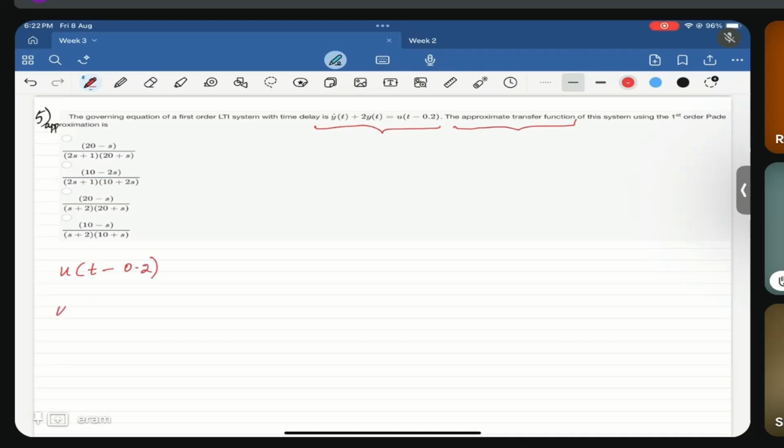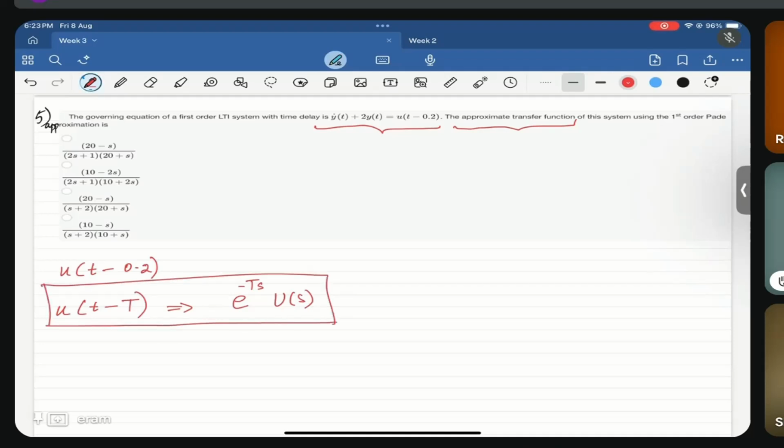So for such functions, if there is a delay of capital T, then the Laplace will be e to the power minus Ts times U(s). Okay, so this is the general formula. Now you can directly apply it here.